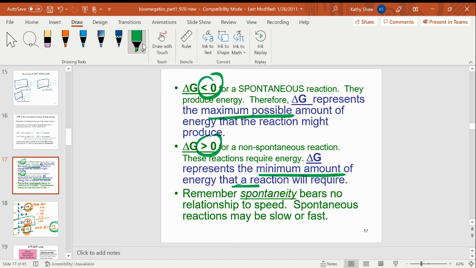And again, remembering your spontaneity thing. Spontaneity is just saying the reaction has enough energy contained in those reactants to become products. Let me say it again. Delta G is independent of the path of reaction. Enzymes are all about the path of reaction.